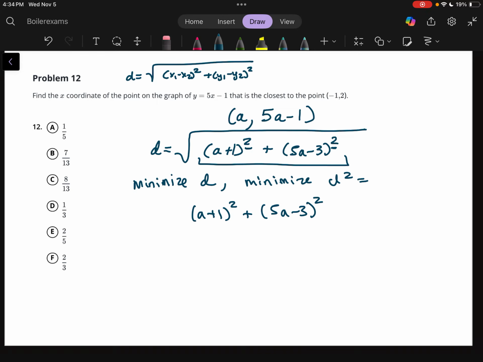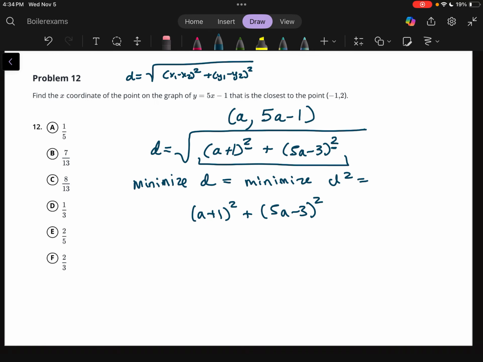Because we know d is always going to be positive, it's just a little easier to get rid of the square root sign and instead minimize d squared. Because if we minimize d squared, we automatically minimize d as well.